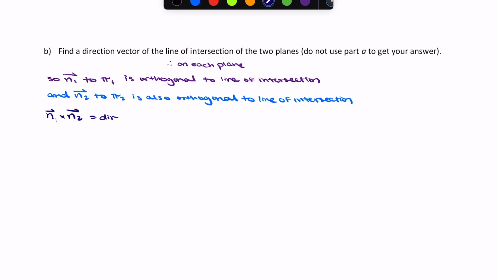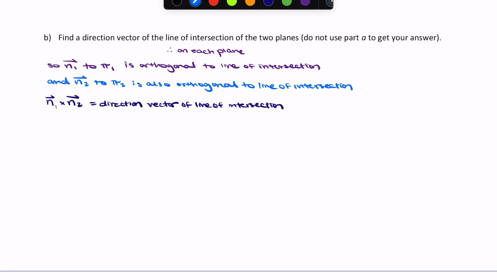So that's equal to the direction vector of the line of intersection. Here the first normal is equal to negative 2, 3, and 1. And the second normal here is equal to 3, negative 1, and 2.